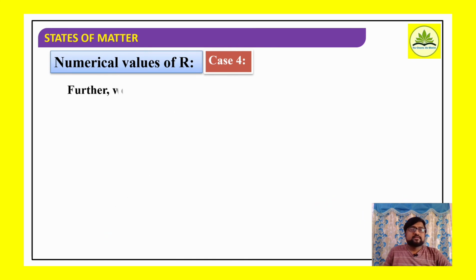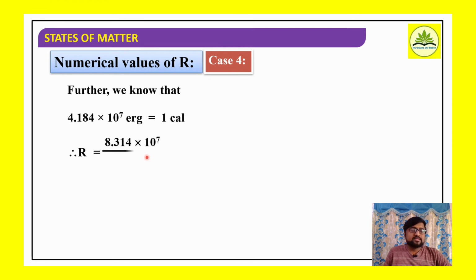Further, in terms of calories, we know 4.184 into 10 raised to 7 ergs is equal to 1 calorie. So R is equal to 8.314 into 10 raised to 7 divided by 4.184 into 10 raised to 7.